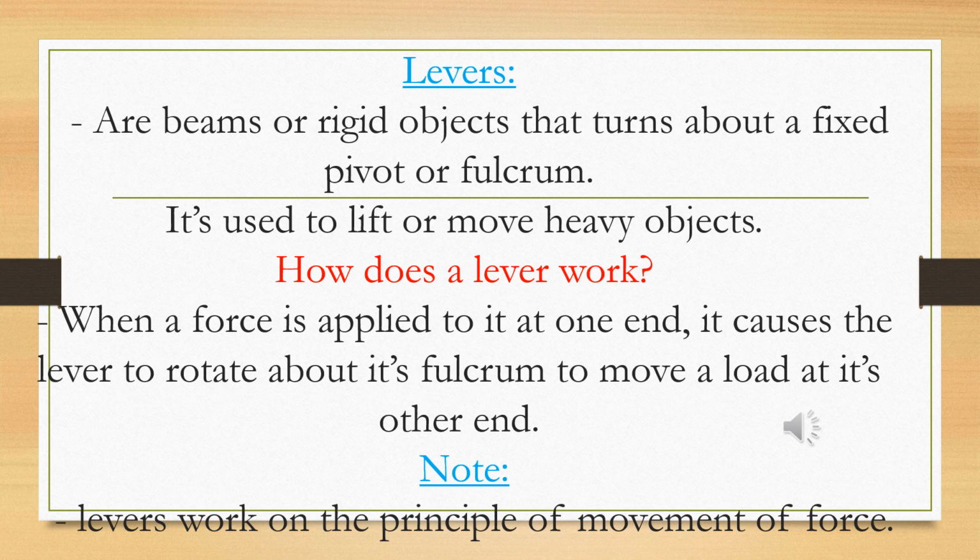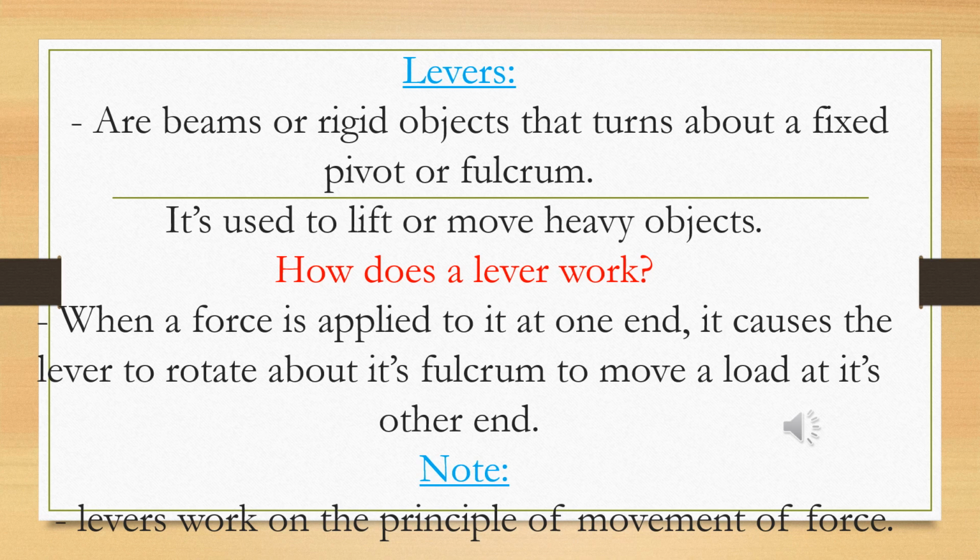The pivot is just fixed, but the other part of it, the beam, can turn around. Levers are used to lift or move heavy objects.